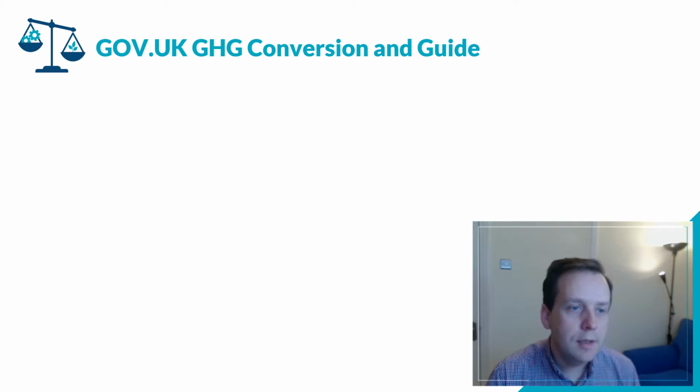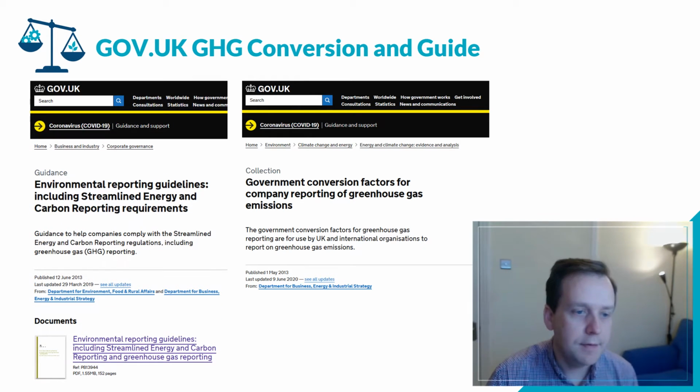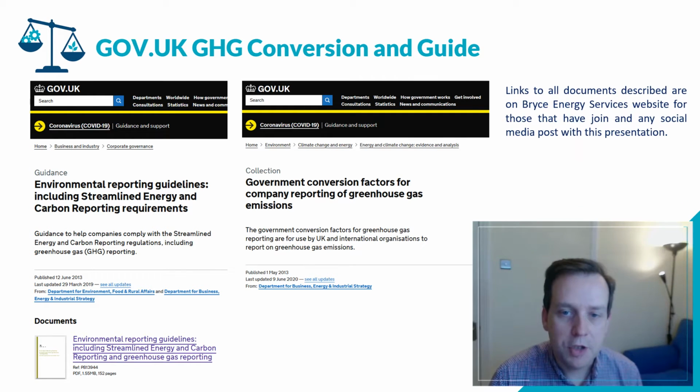So the UK government produce effectively conversion factors for each of these types of emissions by business. And there's also a guidance document available, both of which I will link to on my website or associated with the social media post.